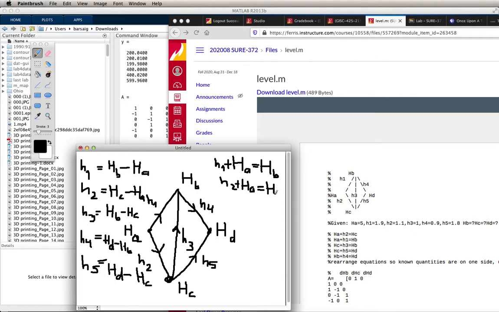So these are the rearranged equations. H4 equals HD minus HB, that's a B right there.